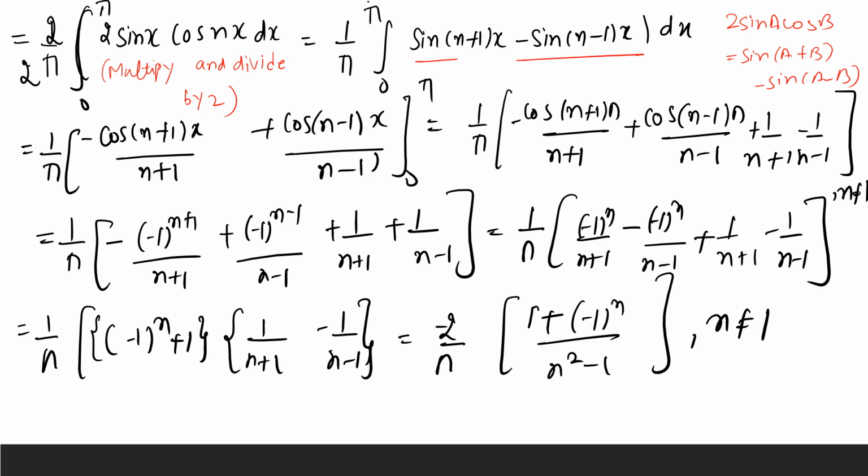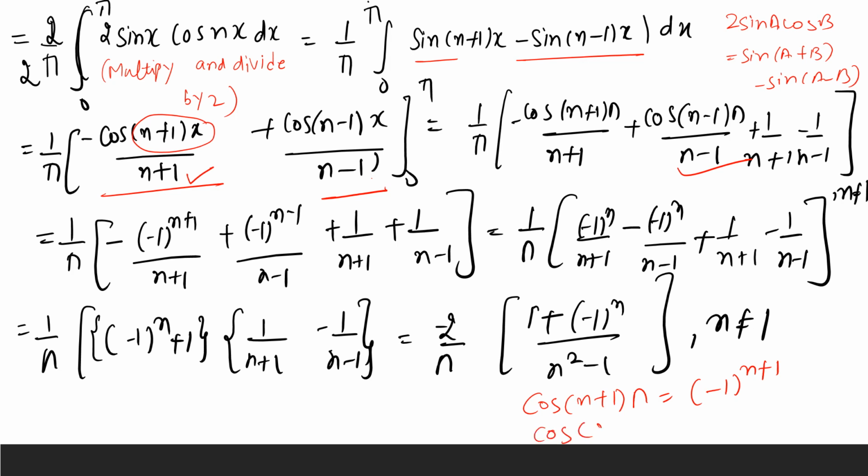Then we did the integration: sin (n plus 1)x integrates to minus cos (n plus 1)x, divided by the derivative of (n plus 1)x, which is the denominator n plus 1. As it is, we did the integration of this. Then we put the values of pi and 0 here. You know that cos (n plus 1) pi is equal to (minus 1) power (n plus 1), and cos (n minus 1) pi is equal to (minus 1) power (n minus 1).